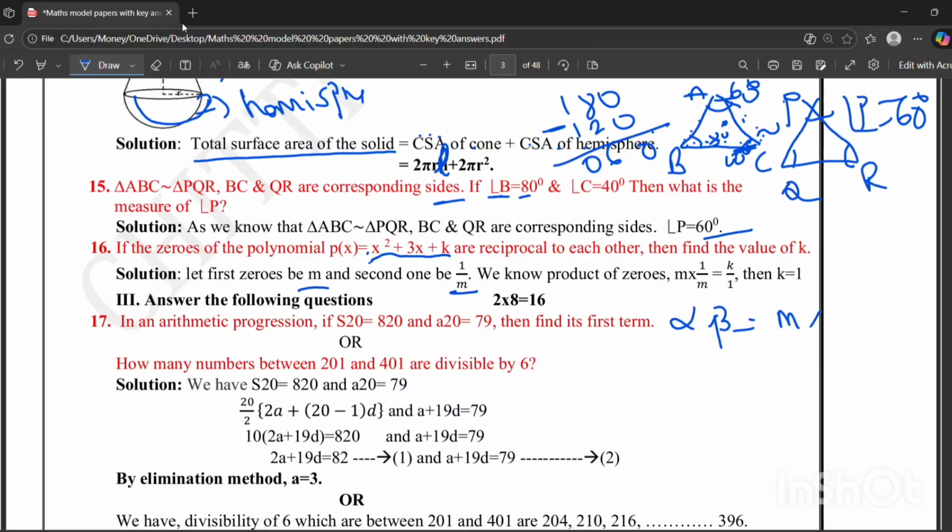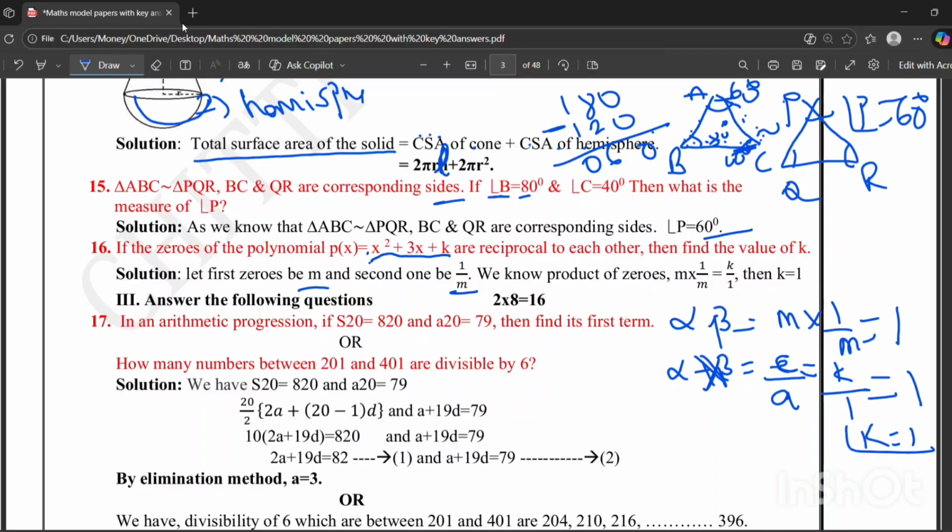Therefore alpha into beta equals m into 1 by m, that equals 1. What is the formula? Alpha plus beta equals minus b by a, alpha into beta equals c by a. What is the value of c here? k. K divided by a, the value of a is 1. So k by 1 equals 1. Therefore k equals 1.